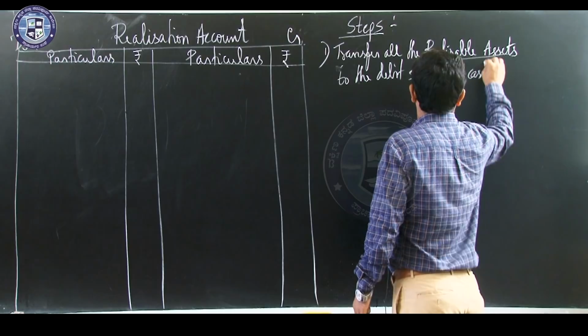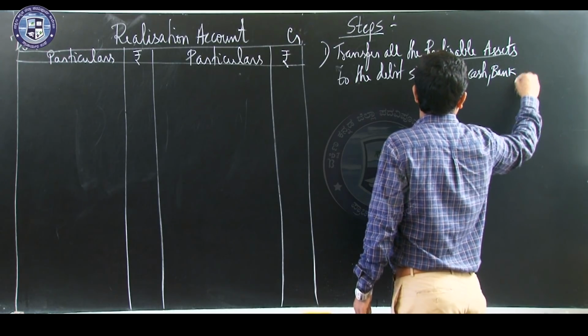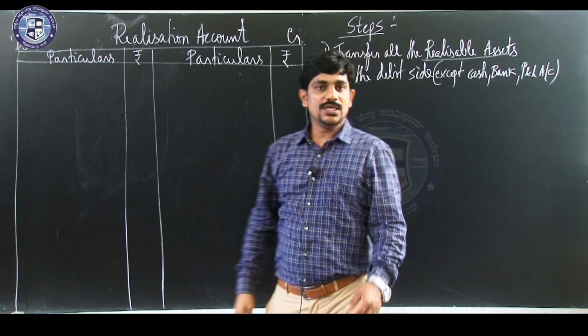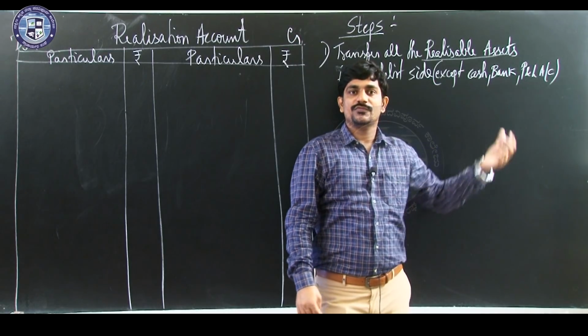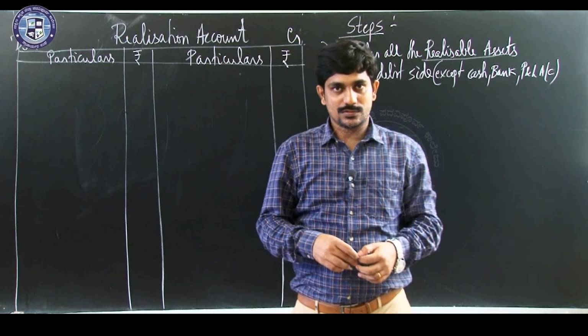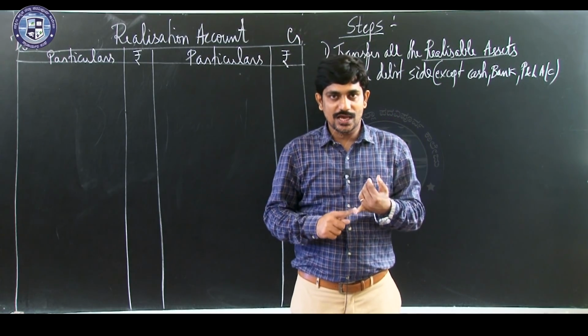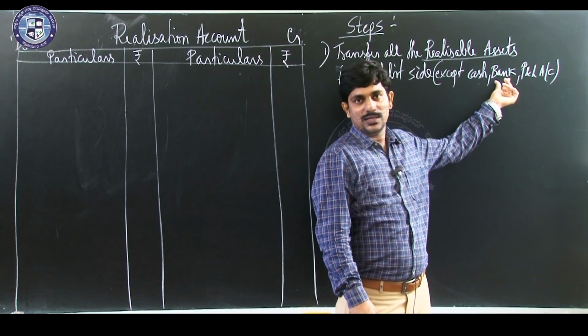Now, which assets can you not transfer? One is cash, one is bank, and one more is profit and loss account. These three you cannot transfer, because for cash or bank we need to prepare a separate account. Remember one thing, students: in the problem, if they give cash, then you need to open a cash account. If they give bank, then you need to open a bank account.